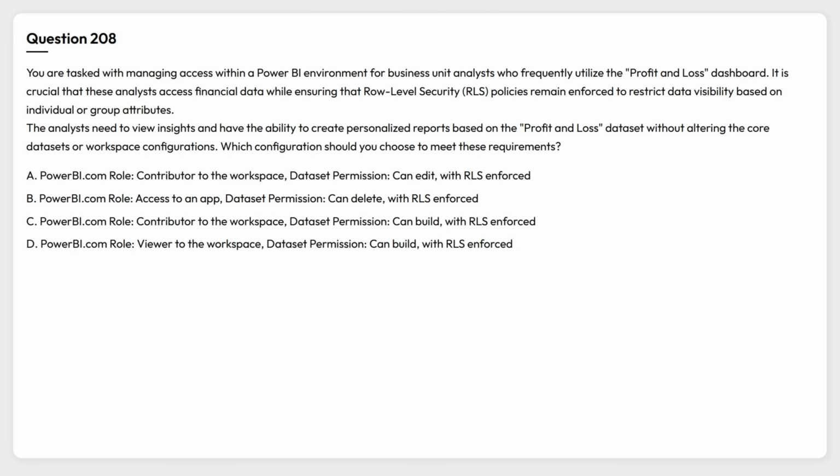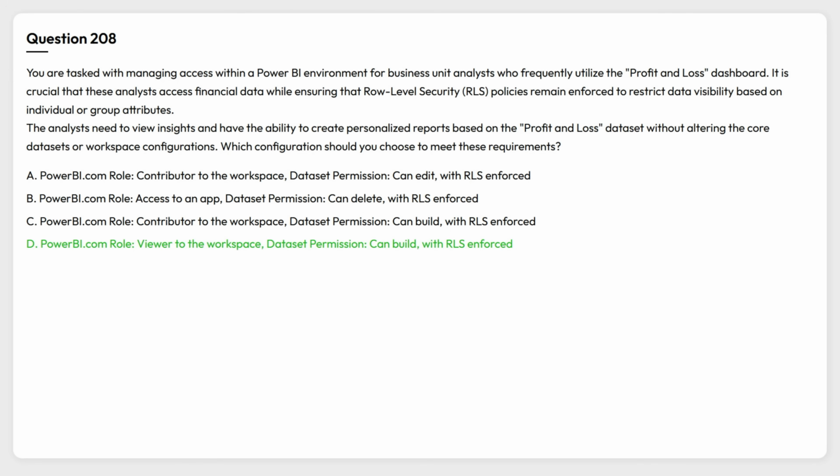Option C, PowerBI.com role. Contributor to the workspace. Dataset permission. Can build with RLS enforced. Option D, PowerBI.com role. Viewer to the workspace. Dataset permission. Can build with RLS enforced.